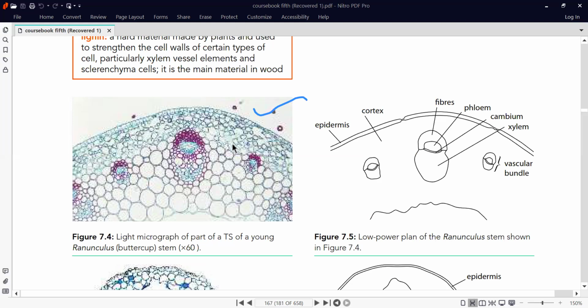But if they ask you to draw the diagram, you can see this is the area where a different tissue is present. In this tissue, you can see the cells are different from here to here. You can also see a different layer of another cell.